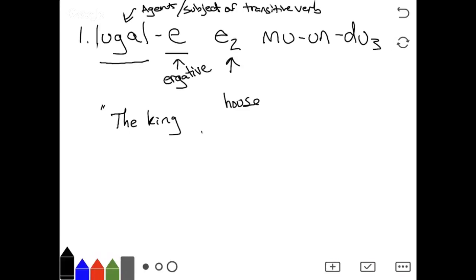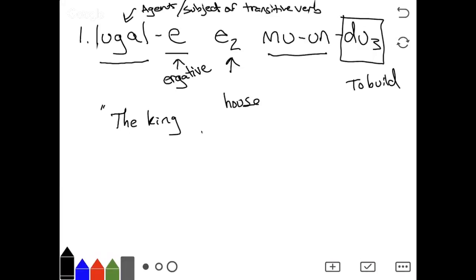So he's the agent or the subject of a transitive verb. We know now mu'un is the beginning of a verb. We've heard it about 800,000 times now. So that means du3 is our verbal base, and du3 means to build.